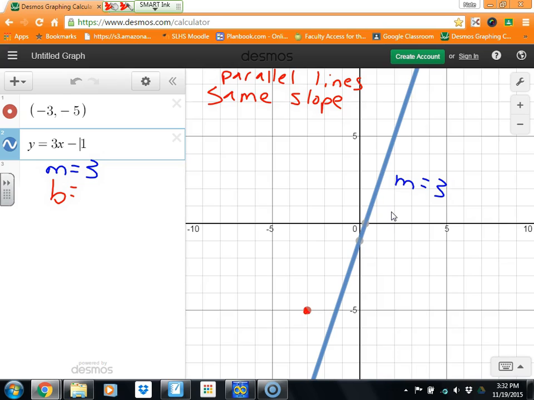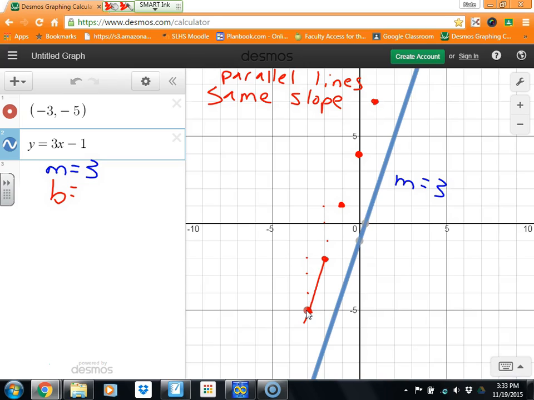If I start at my point negative 3, negative 5, and slope up 3 over 1, I can find a new point. Go up 3 units and over 1. Up 3 units and over 1. I can keep doing that as long as I have a graph.